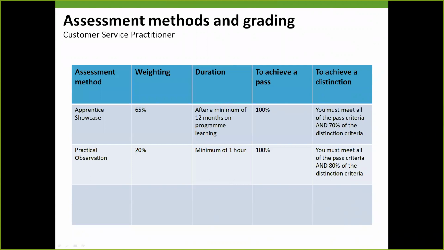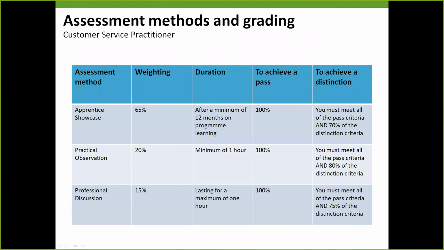For example, it may be handling a general inquiry, dealing with customer complaints, or a need for further information or detail that the apprentice has to go and explore. But it's mandatory that the observation covers a minimum of presentation, equality, interpersonal skills, communication, and personal goals. And you'll find all of this information in the assessment plan.